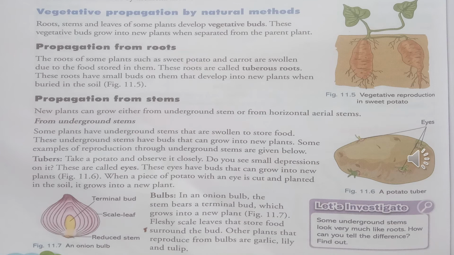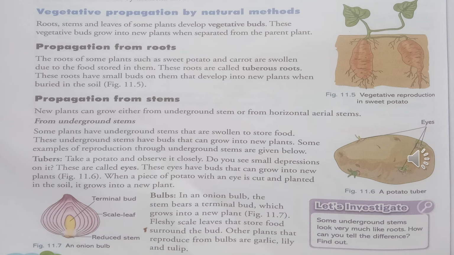Another underground stem is called a bulb, for example the onion bulb. In onion bulbs, the stem bears a terminal bud exactly in the center of the onion. A new plant grows from this part.